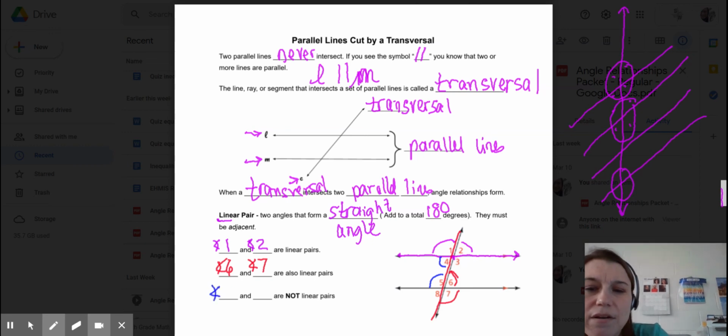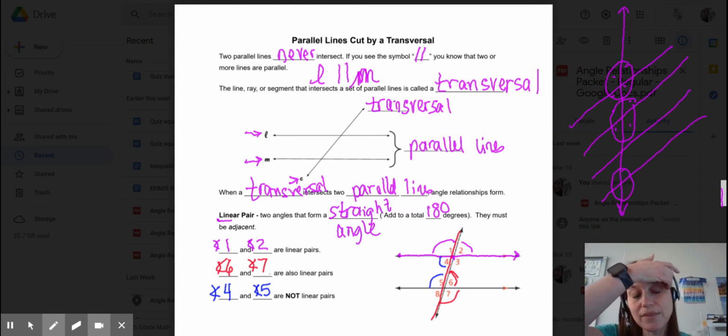Angle 4 and angle 5 are not a linear pair because even though they add up to 180 degrees, they're not on the same line. They're not adjacent. They don't share a common vertex. So that's why they're not a linear pair. A linear pair has to be on the same line. Okay, that's tricky, but they are going to add up to 180 degrees.